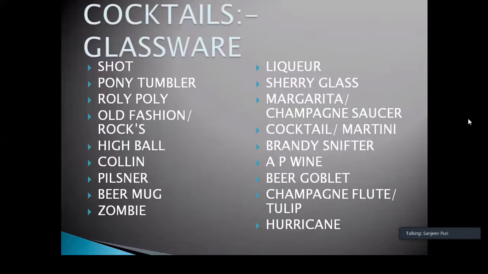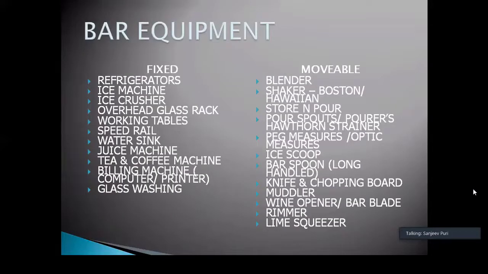So the next thing that we're going to be talking about is the various equipment that is used in the bar. Equipment is a very important part of any operation, whether you're working in a kitchen or, let's say, in the housekeeping department or the front office. If you don't have proper equipment, it's not possible for anyone to work in the specific working area.